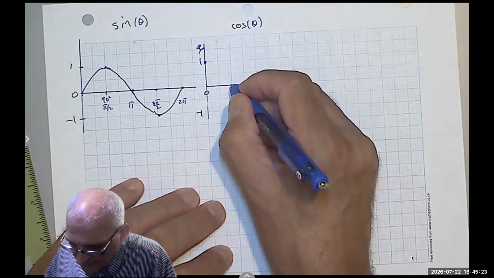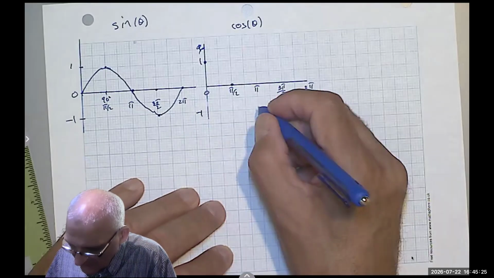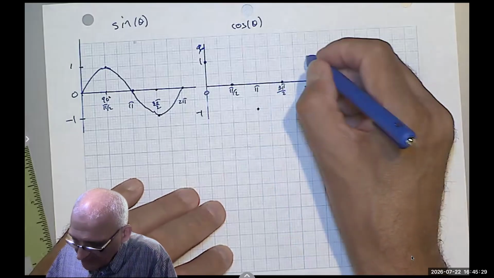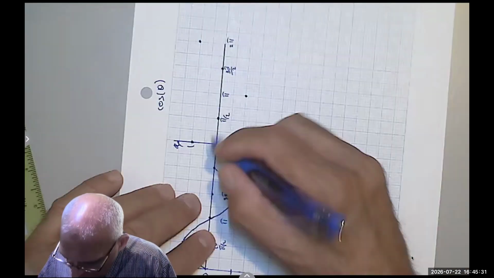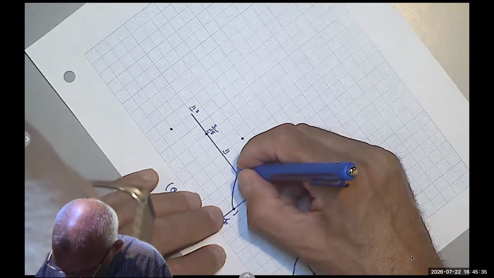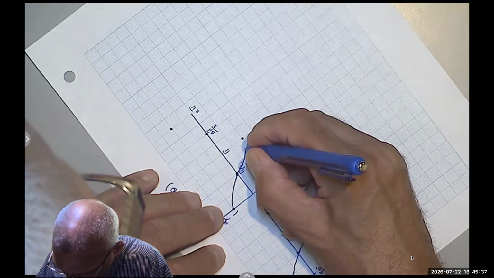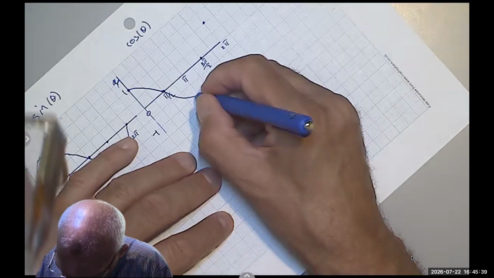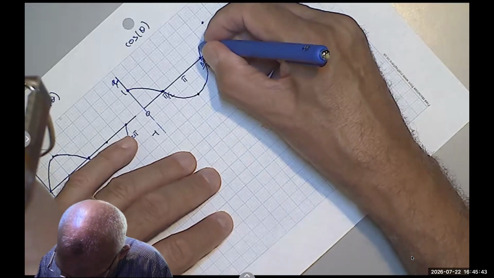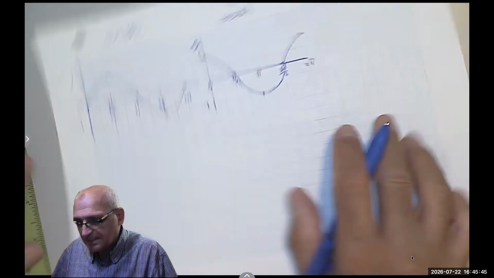Then the cosine of pi over 2 is 0. Then the cosine of pi is -1. 3 pi over 2 is 0, and at 2 pi, it goes back to 1. So it goes something like that. And then it starts to turn in the opposite direction until 3 pi over 2. And then it turns back in that direction.